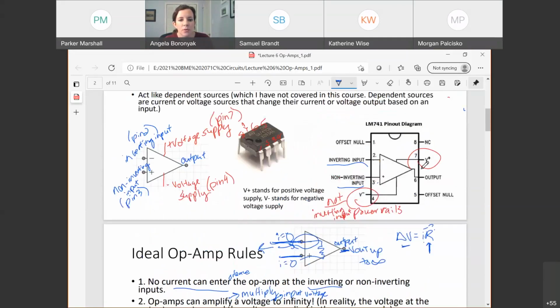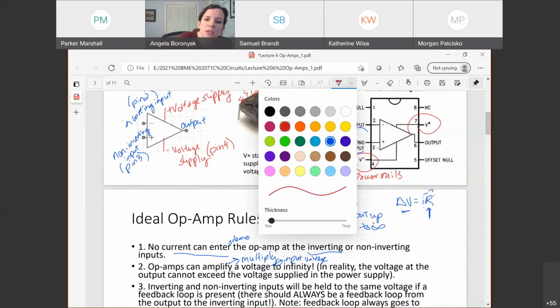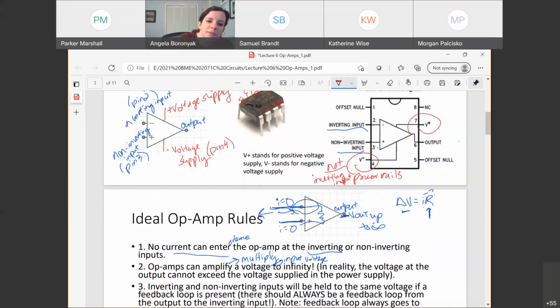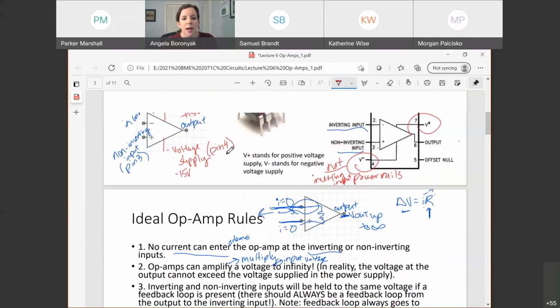So these power rails are our power supply, negative voltage supply, our positive power supply. If I apply negative 15 volts to pin 4, and I apply positive 15 volts to pin 7, that's going to be a very common voltage range that we use. Then in reality, what comes out of my op amp cannot be any higher than positive 15 volts and can't be any lower than negative 15 volts.